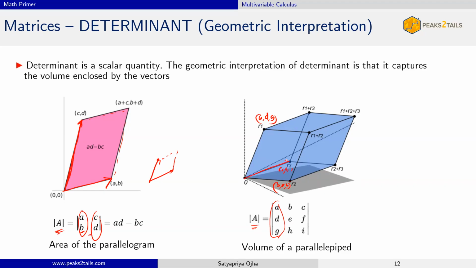So we have one vector, another vector. In 3 dimensions, we have 3 vectors, and you complete the parallelopiped. So all 3 parallel sides, and you have an enclosed space. The volume of this parallelopiped is given by the determinant of the matrix. Some geometric interpretation of what determinant really is. Okay, it's about the size.